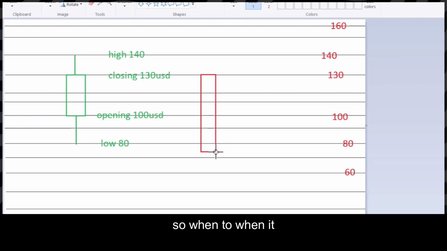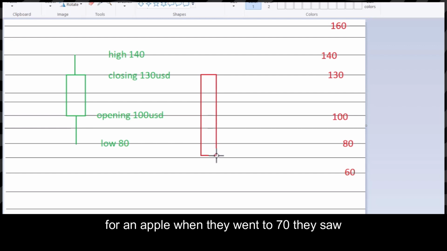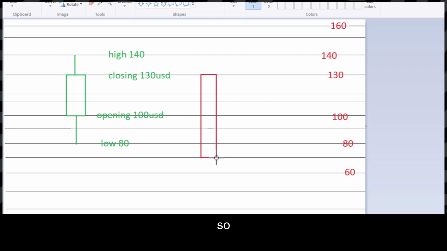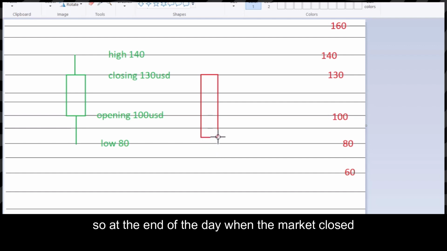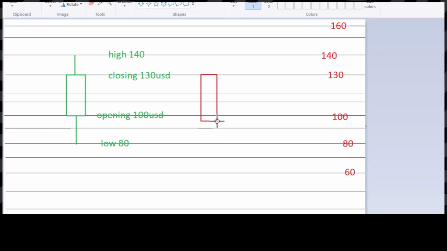When it went to 70, the price was way too low for an apple, and people were buying more and more apples. We cannot sustain the market at 70, so from 70 they started to increase the price again. At the end of the day, when the market closed, the price was 90.